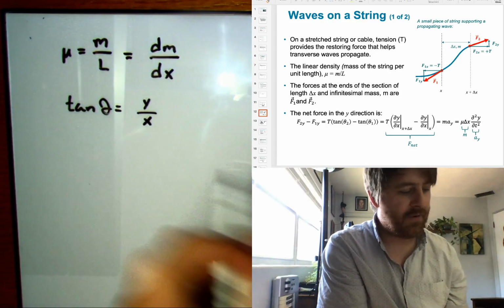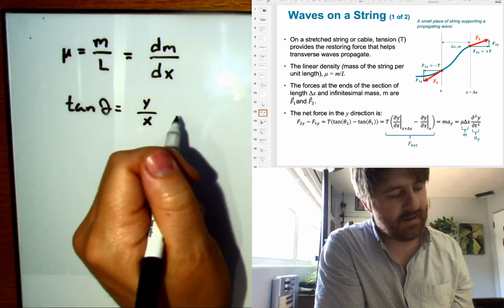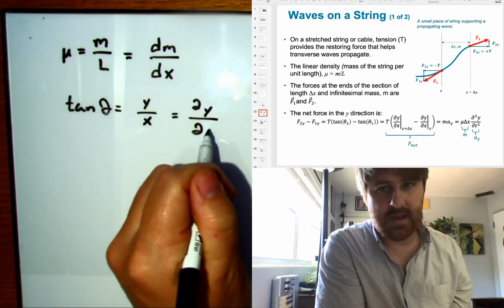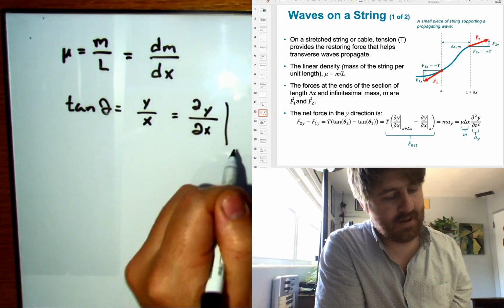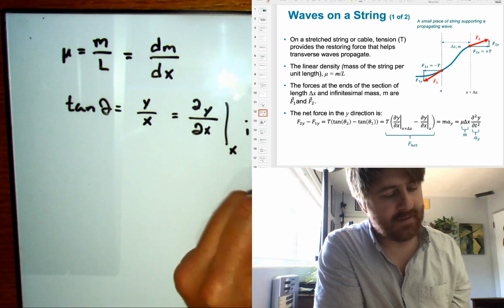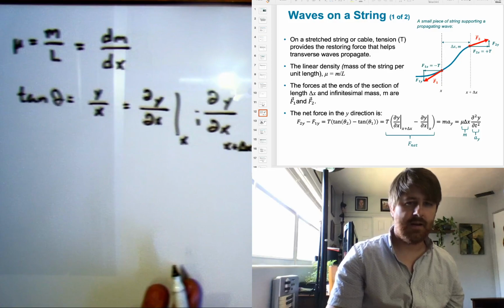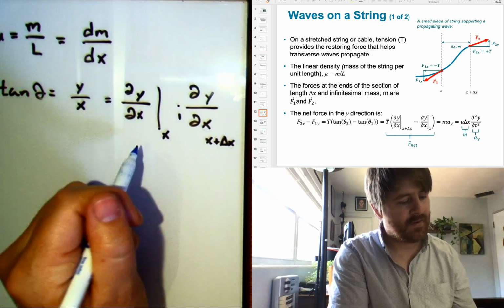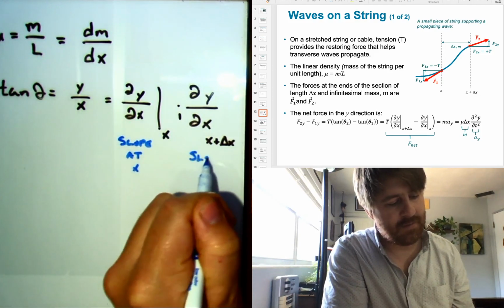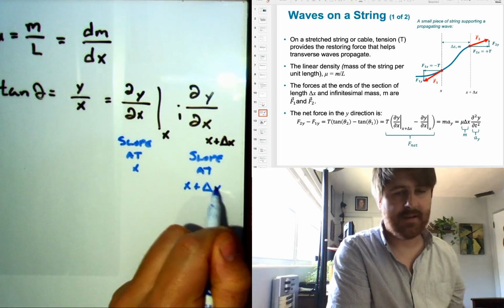And so for these force vectors, this is the slope, and we can write that as dy dx at x and dy dx at x plus delta x. Okay, so those are the slopes. Let's write that as slope at x, and this is slope at x plus delta x.